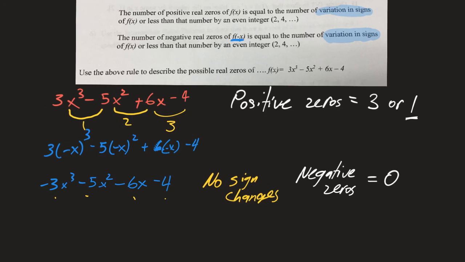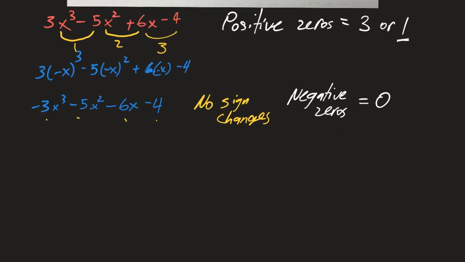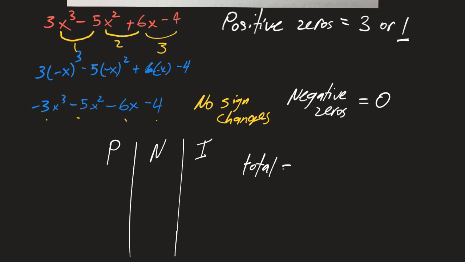We use a little chart called a P and I chart. P and I stands for positive, negative, and imaginary. What you've got to remember is the number of total zeros can't change. It's always got to be equal to the degree, so my total is always going to be 3. Let's see how many ways we could put this together.